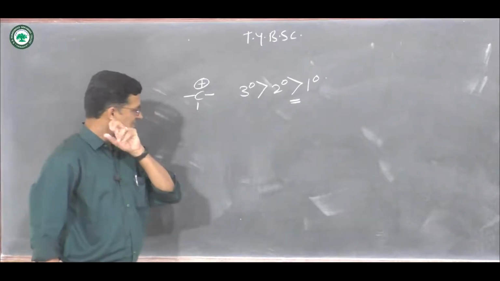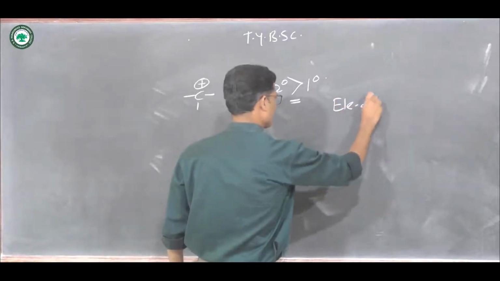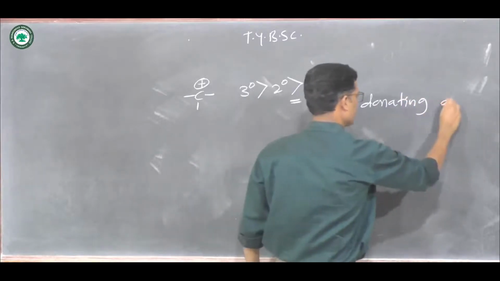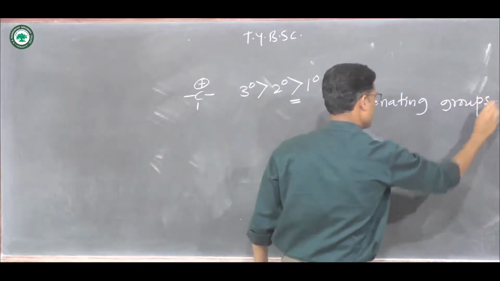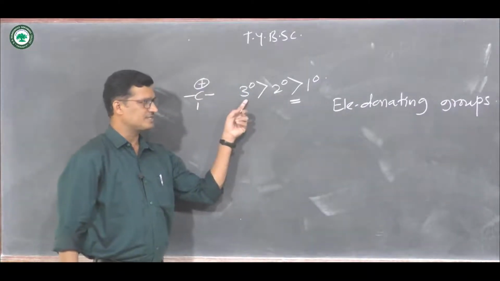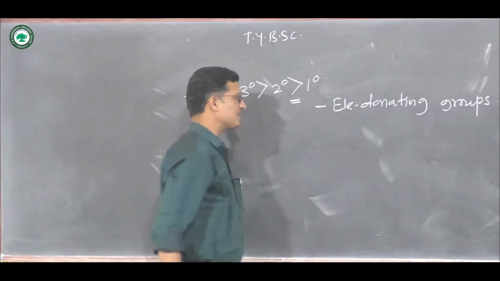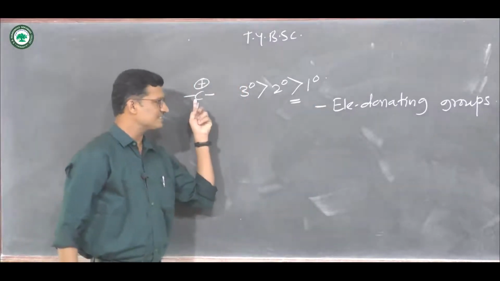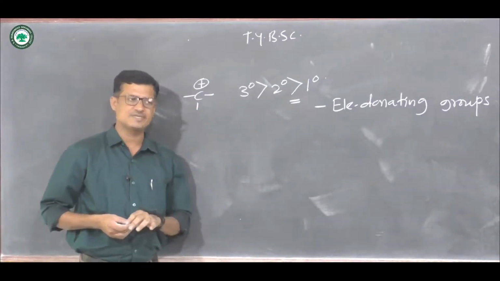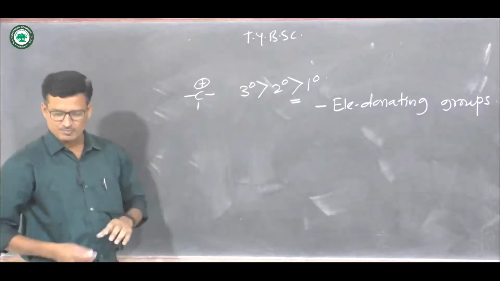In a tertiary carbocation, electron donating groups are attached to the carbon, and then the carbocation stability increases. When electron donating groups are attached to the carbon which carries the positive charge, dispersal of the positive charge takes place, and the carbocation stability is more and more.